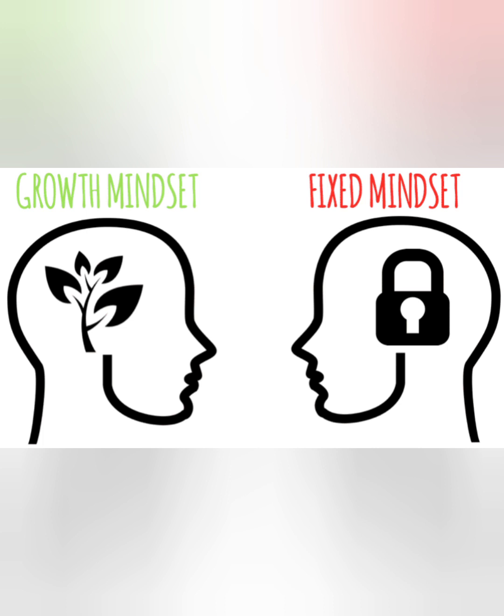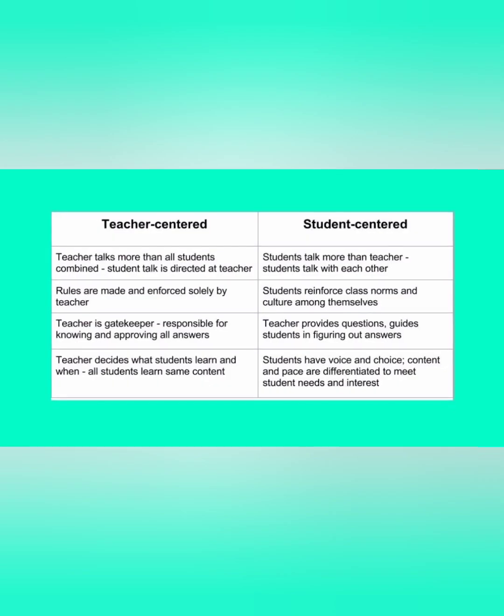So there are some persons who are of this growth mindset and some who are of the fixed mindset. Teachers who are of the fixed mindset tend to use more of the traditional way. And when I say traditional, I don't want it to sound in a negative sense. So let me say the teacher-centered approach to teaching and learning.